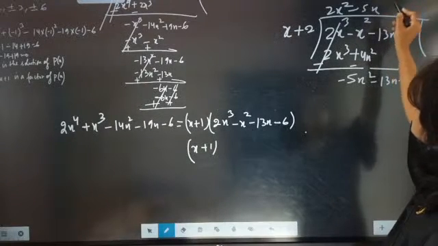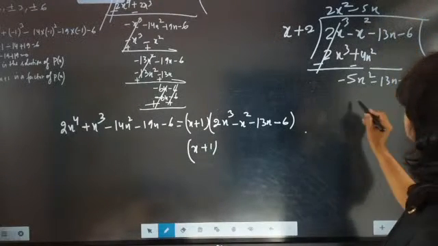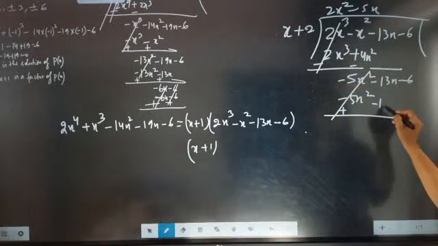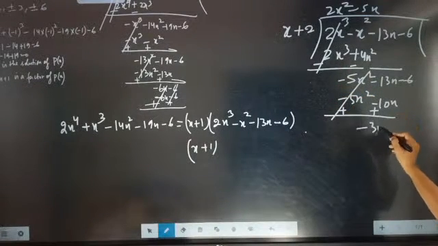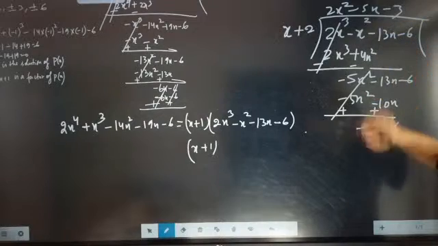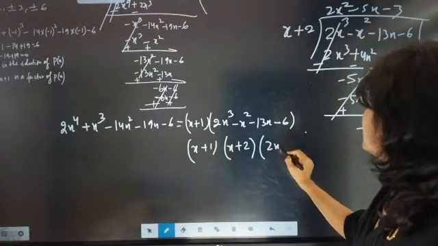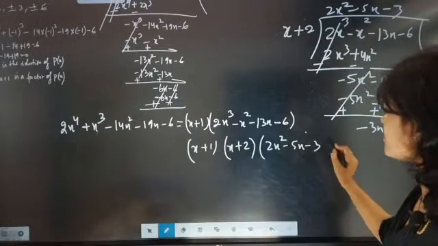Here you put minus 5x, so minus 5x square plus 10x cancelled, so minus 3x minus 6. So minus 3 you put. So the factors are coming as x plus 2 and 2x square minus 5x minus 3.